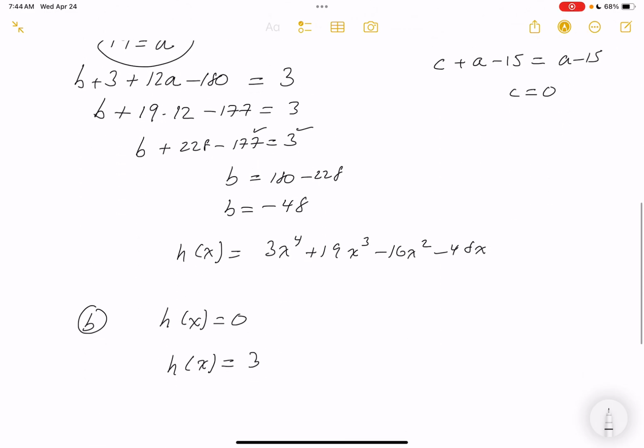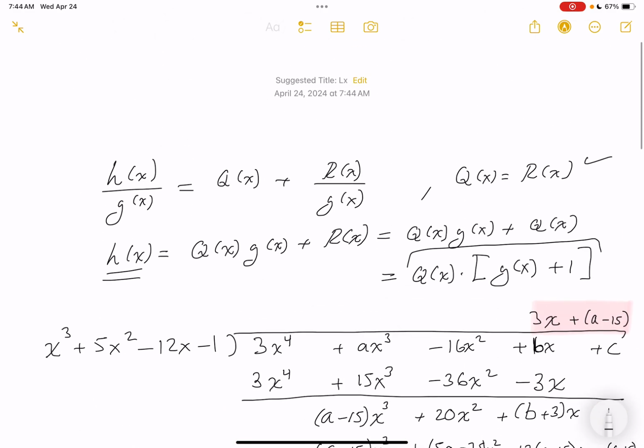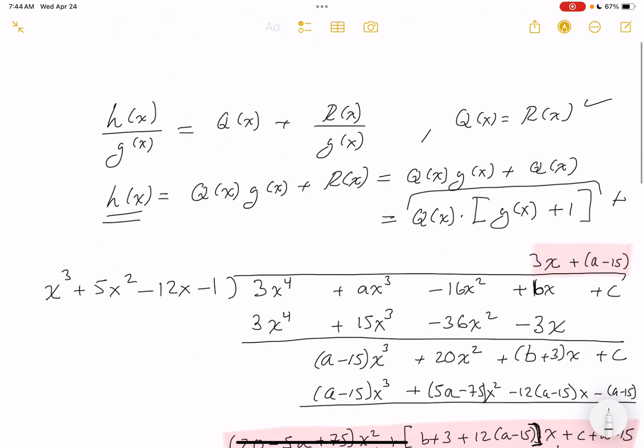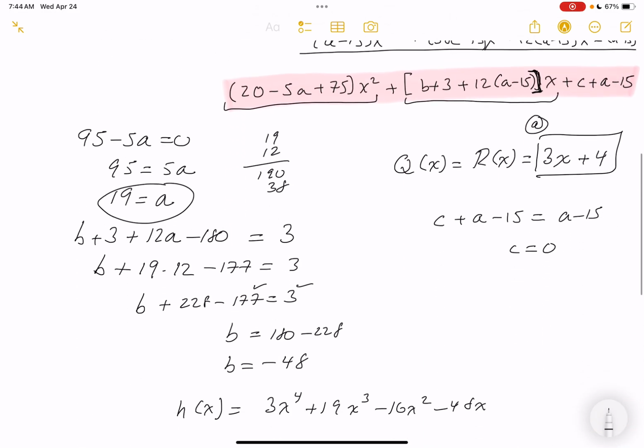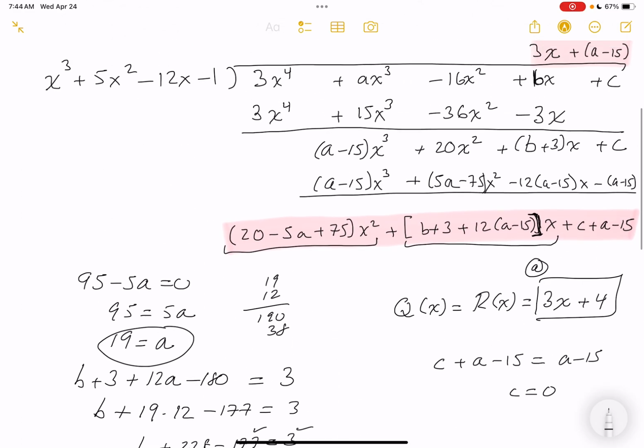It was 3x plus 4. Again, I want to make sure you understand what we're doing over here. What's g of x? Well, just look back over the notes, by the way. And g of x is this thing over here. X cubed plus 5x squared minus 12x minus 1.